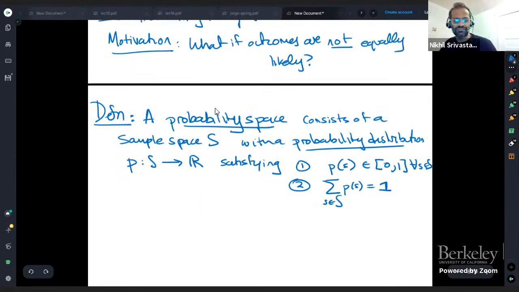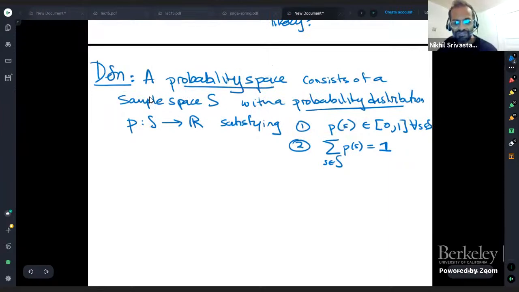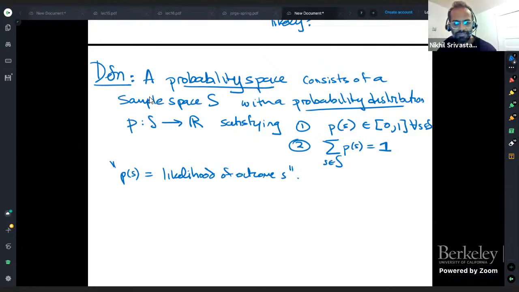Okay, so this is the intuitive meaning of these probabilities. P of s is the likelihood of outcome s in the sample space. That's what the intuitive meaning of this probability distribution is supposed to be.